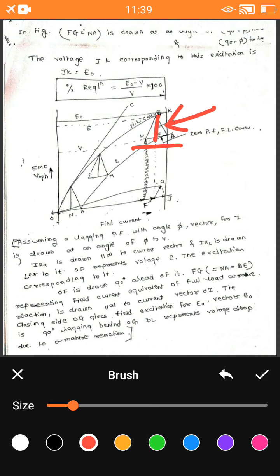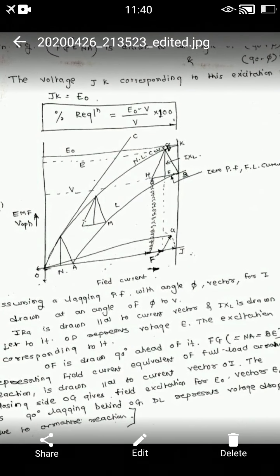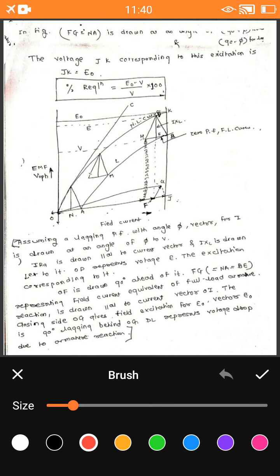This is the beauty of this method, because in it we are considering that IXL drop. So from that we have to draw the value of IF1. We know the value of IF1, so it can be drawn here.